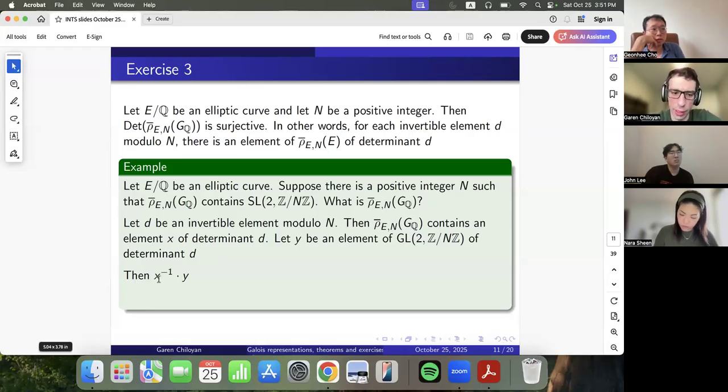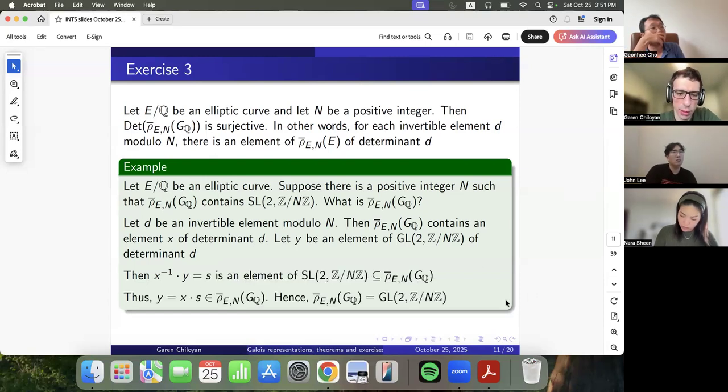If the determinant of X is D and the determinant of Y is D, then the determinant of X inverse is 1 over D, and the determinant of Y is also D. Fine. So that means X inverse Y is an element of the special linear group. But that's a subset of the image of the mod n Galois representation. I told you in the hypothesis, the image of the mod n Galois representation contains the special linear group.